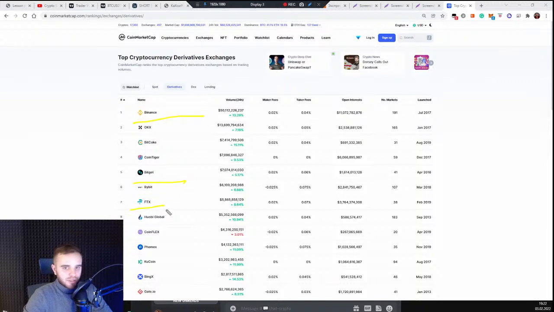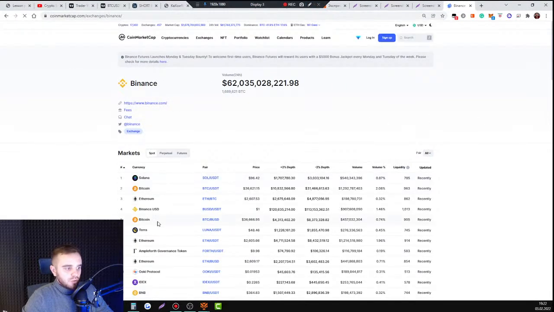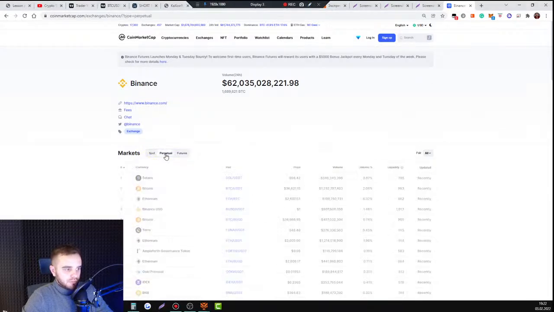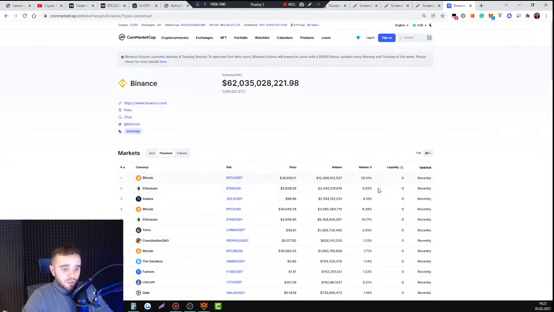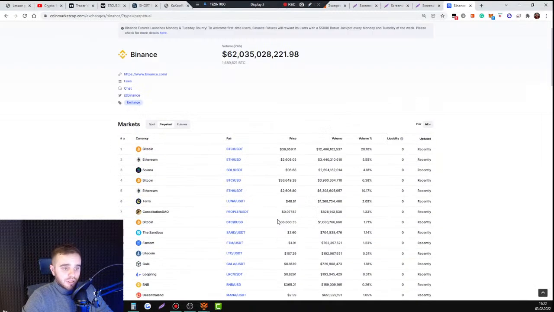Which exchange to use depends on you. You go to Binance and here you see all coins that you can trade. There are futures and perpetual, and you open it and it shows you all coins that you can take.